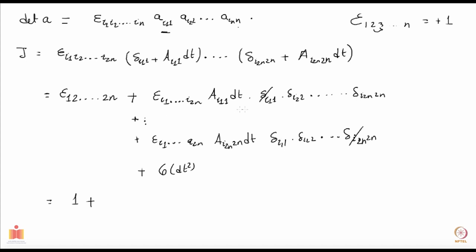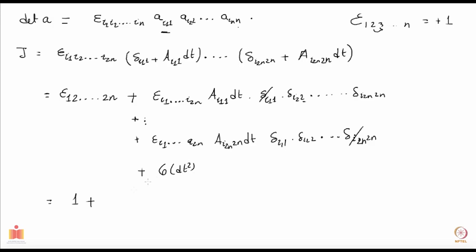Okay, and let's look at here. All these deltas will force all the indices, except for i1, to be equal to what you have here. So you will have epsilon i1 2 3 4 up to 2n, and then you have a_{i1 1} dt. Correct?